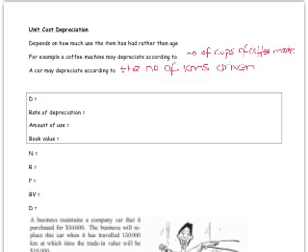So here, to find the depreciation, D is depreciation, as we would expect. Depreciation is the rate of depreciation, that's the unit cost depreciation, times the amount of use.